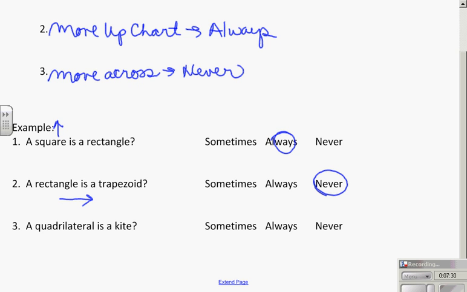Two pairs of parallel lines is not the same as one pair. Is a quadrilateral a kite? I'm moving from the top down, less specific to more specific, and that is sometimes true. Sometimes a quad is a kite, sometimes it's a parallelogram. That is today's lesson in its two parts, and we will continue with 4.2b tomorrow in class.